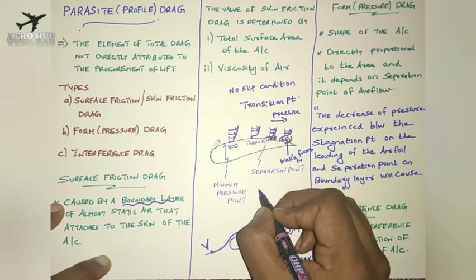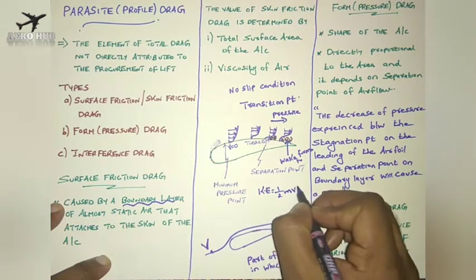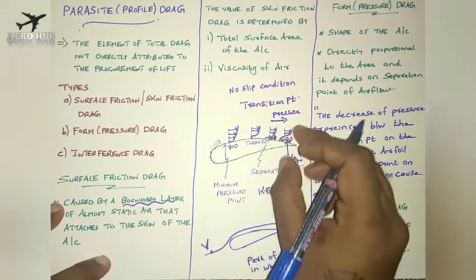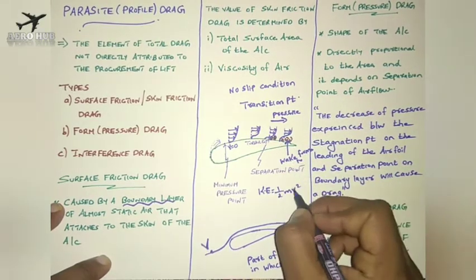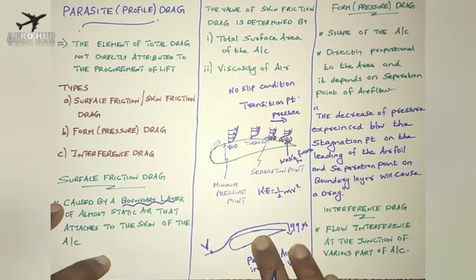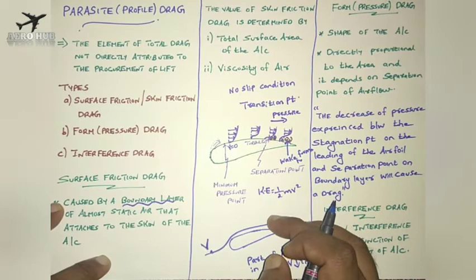Kinetic energy is equal to half m v squared. The pressure of this region is becoming high in such a way that the velocity goes low. Normally, when the pressure is increasing, velocity gets decreased, and this causes the kinetic energy to decrease.